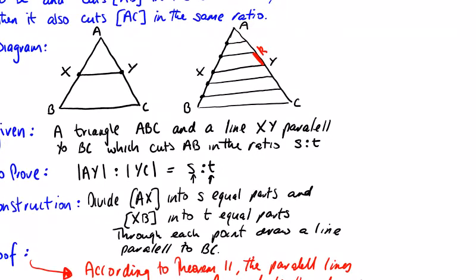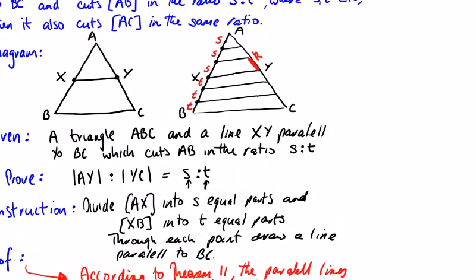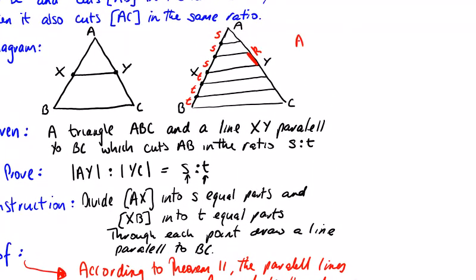Or if the other side we know is S, these are all S. We said we were going to call these T. So we can say that AY is equal to S times K, and YC is equal to T times K.